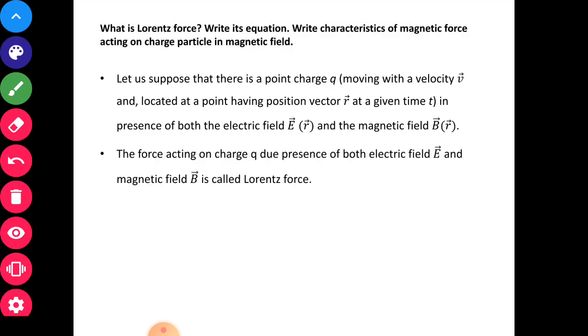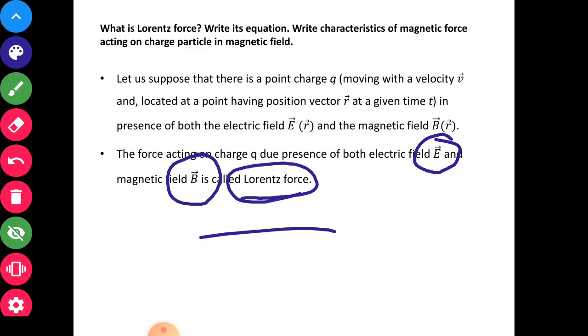Now the force acting on the charge Q due to presence of both electric field E and magnetic field B is called the Lorentz force. Try to understand. Now this charge is experiencing the force due to the presence of electric field as well as presence of magnetic field, and this combination of two forces, because of the electric field and because of magnetic field, is called the Lorentz force.